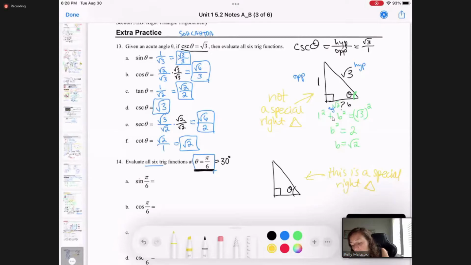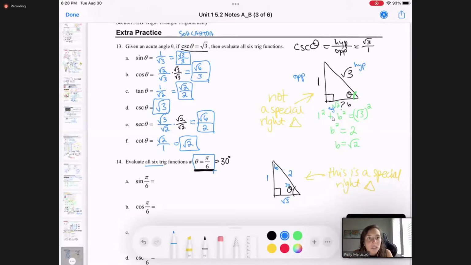because it's a 30, 60, 90. So maybe I'll put 30, 60. Well, I did not draw this accurately, right? But 30, 60, 90. We know that the opposite is 1, the hypotenuse is 2, and this is square root of 3 if we're in the unit circle, which is what we're assuming. So we know this just from last class.